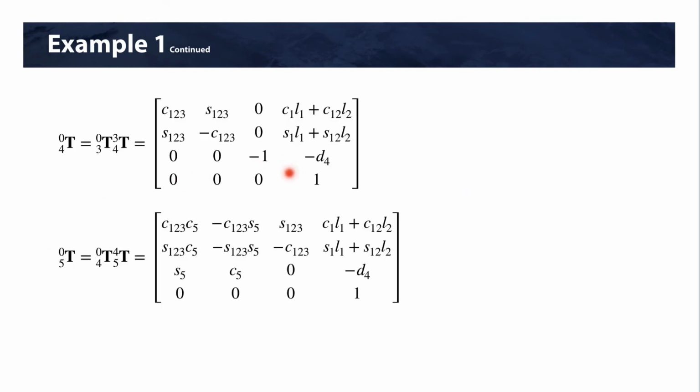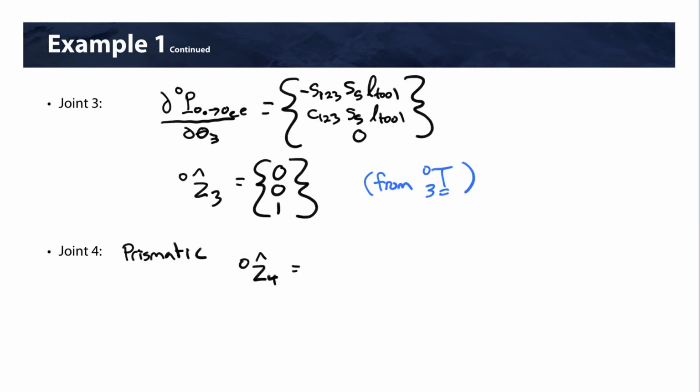There's T04, and you can see there's our joint direction for that one. All right, so we can go write that one down, and you get 0, 0, -1 for our joint direction, and that's from T04. All right, and that's our only prismatic joint.